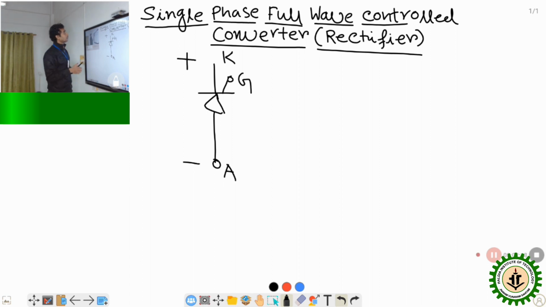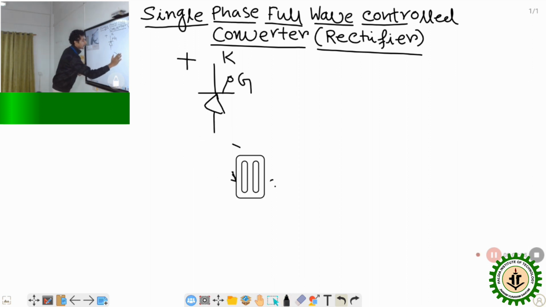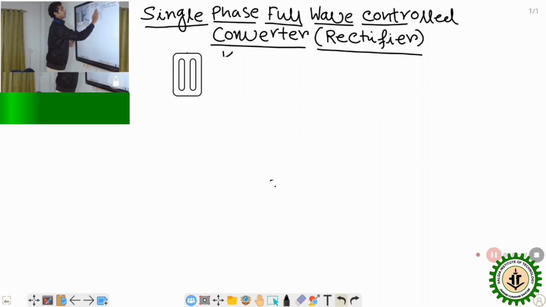Now we are going to go to the single phase full wave controlled converter circuit. So I am going to draw the circuit of the single phase full wave controlled converter.